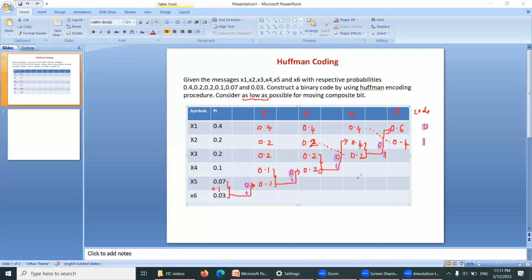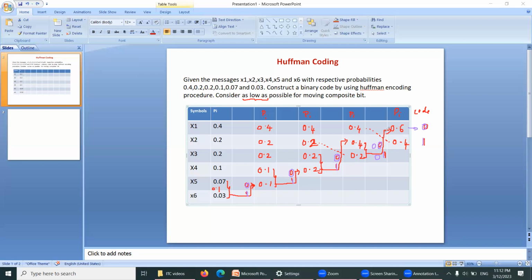Next we check this probability. What is the code for 0.6? It is 0. How did we get 0.6? We got it by adding these two probabilities, so for these two we write 0 here. We write 0 in front, since the combination of 0.4 and 0.2 is given to 0.6, which has the value 0.